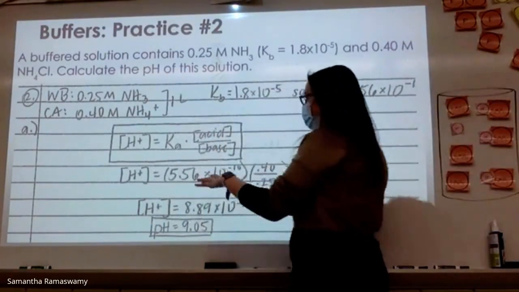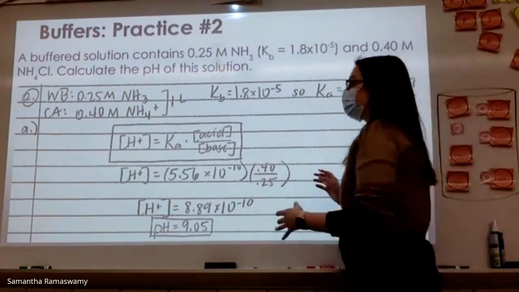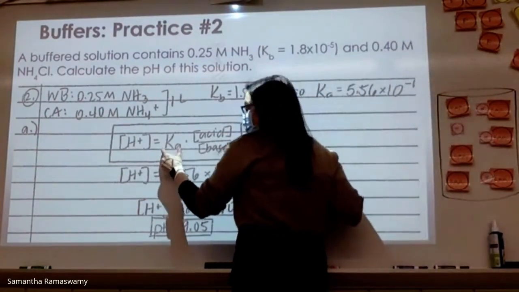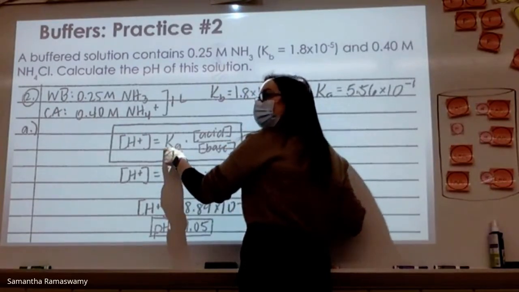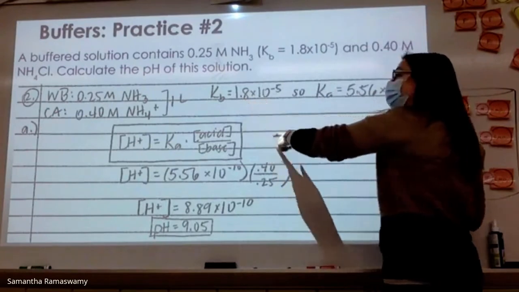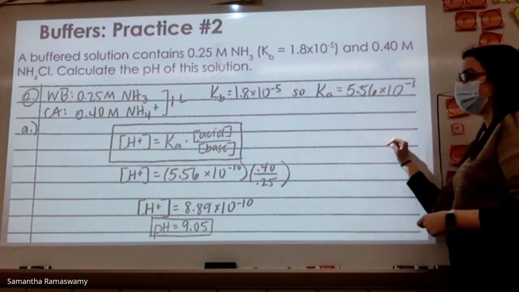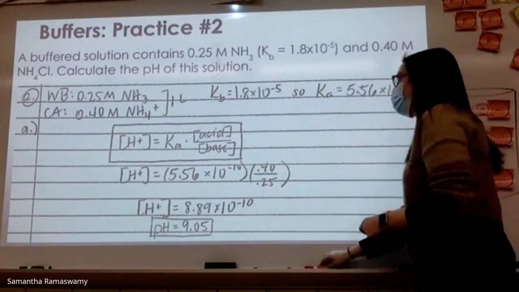So if they gave you Kb, you have to do like what we did in example 8, and you have to find Ka. So remember that Ka times Kb equals Kw. We knew the Kb for NH3.